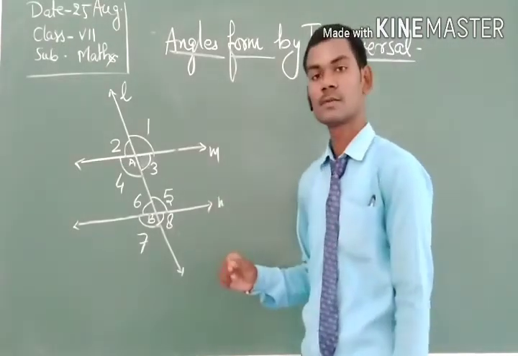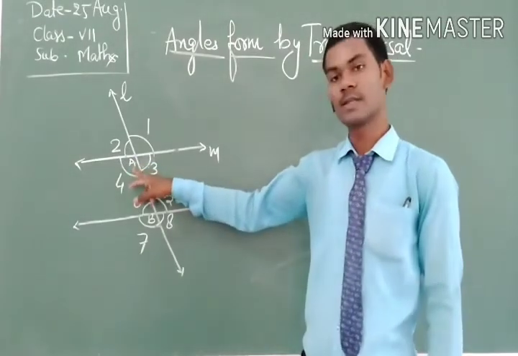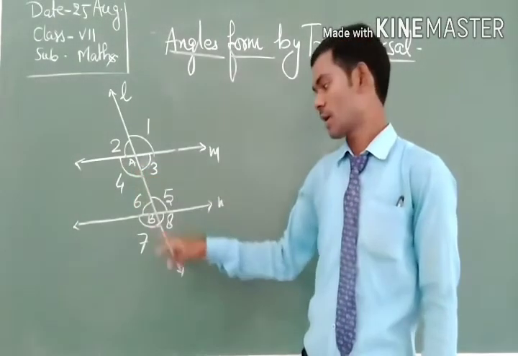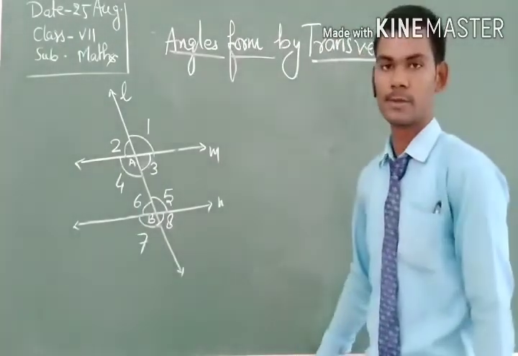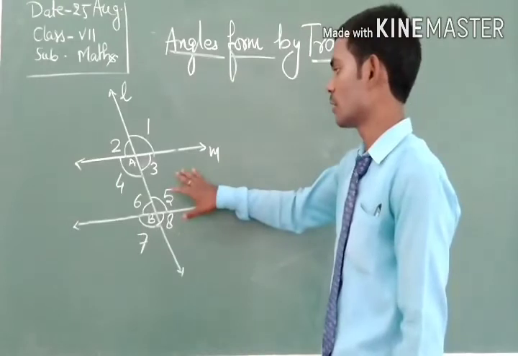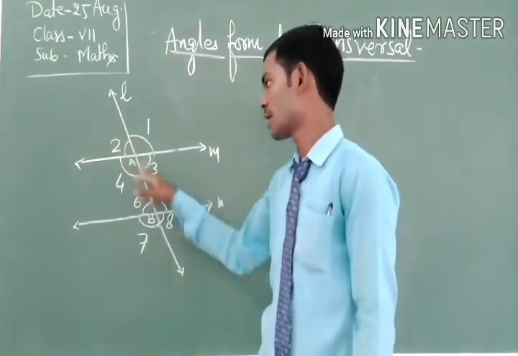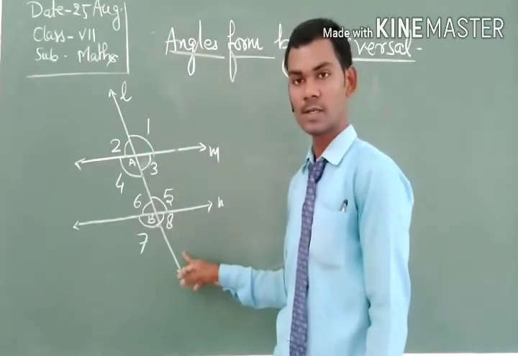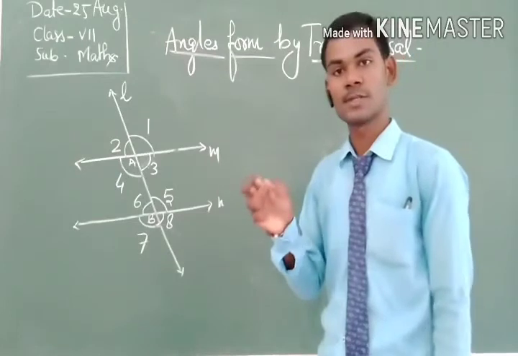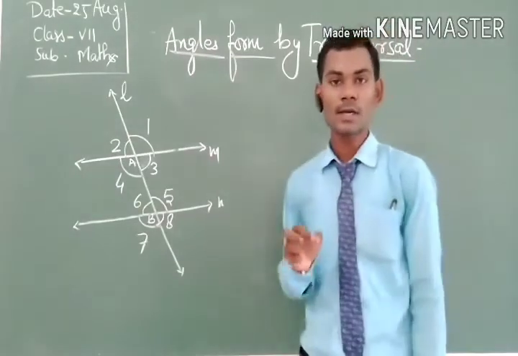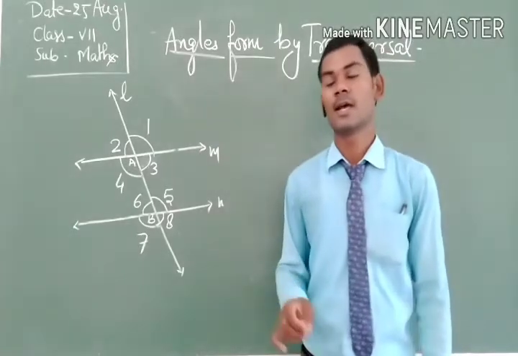In this figure, we can see that at the point A, there are four angles formed, and at the point B, there are also four angles formed. So these angles which are formed by the intersection of the line L, which is the transversal line, are known as the angles formed by a transversal line. There are two types of angles formed by the transversal line.